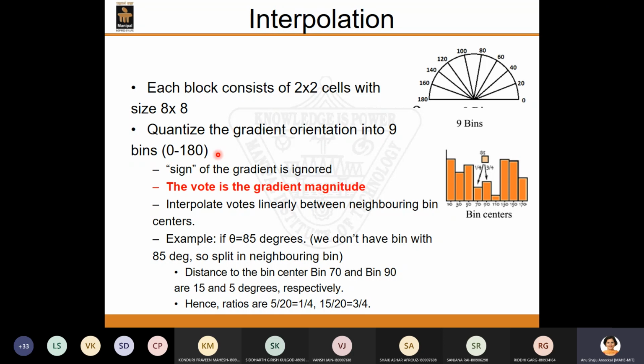Now, another point is that we do not add +1, or completely put the orientation value in a particular bin if it ranges from 0 to 20, as you do in normal histograms. What I mean is, when you calculate the normal histogram of an 8-bit image, you have 256 values and 256 bins.